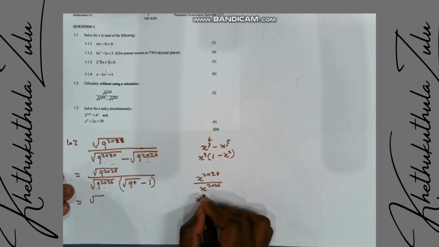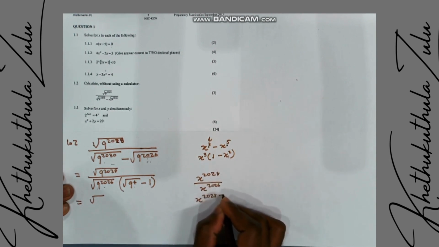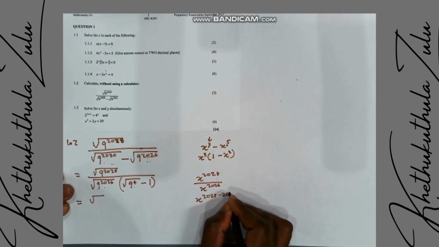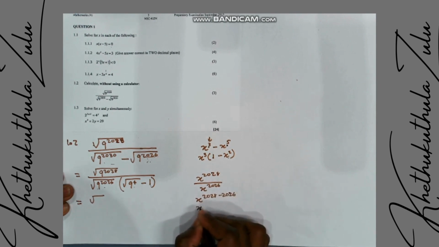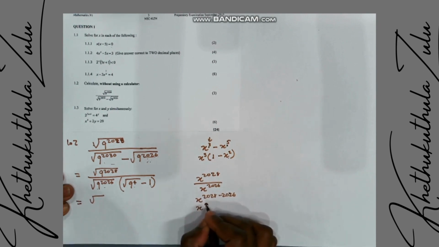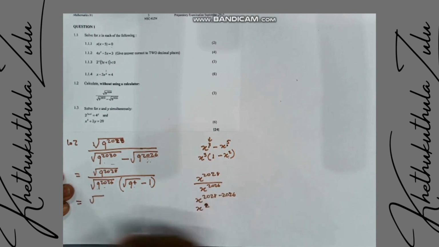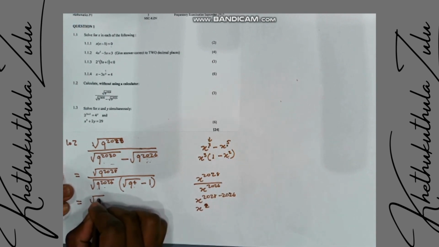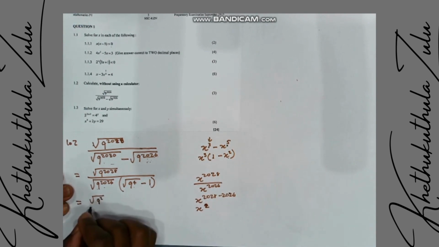Take this to the other side, it's just going to be 2028 minus 2026, then x is just going to be 4 or 2. 2028 minus 2026 is 2, so it's just going to be 9 into 2 all over this.